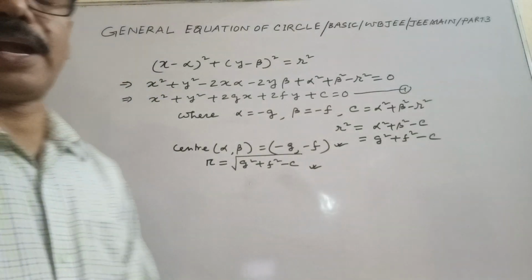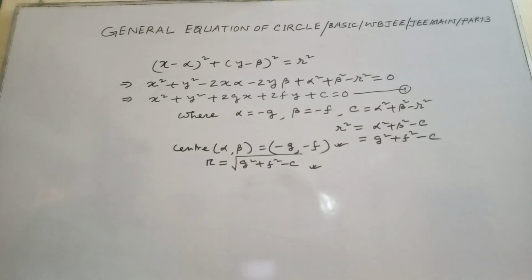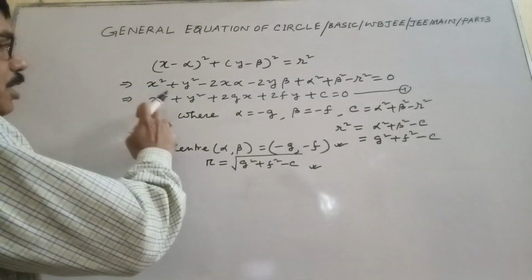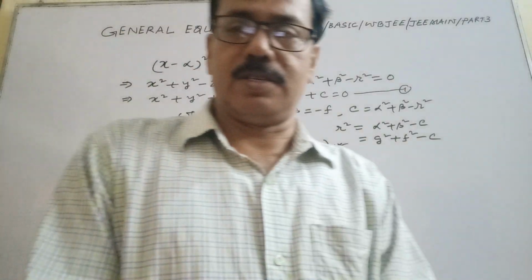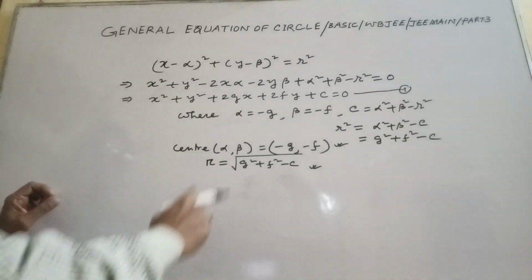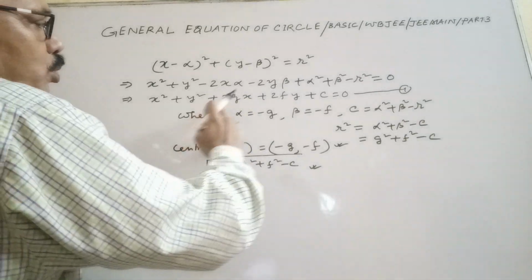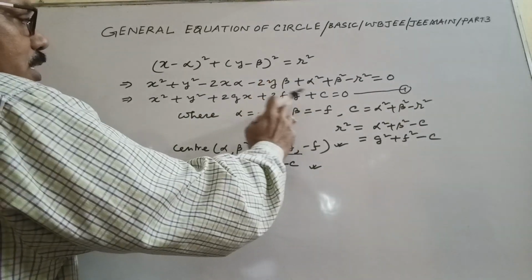Now, what is the advantage? So look, this is the equation of a circle. If a circle is given, we can find its center by comparing. Divide the coefficient of x by 2, divide the coefficient of y by 2, 2f by 2, this is f.